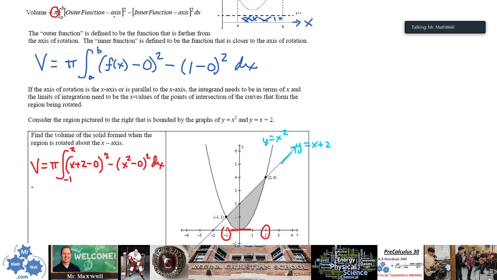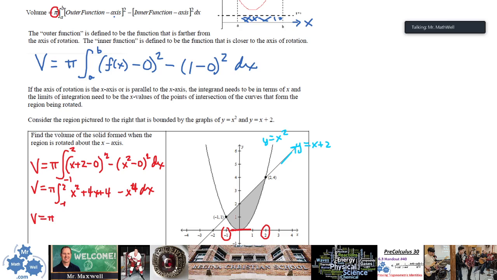All right, so let's simplify this. x plus 2 squared is going to be x squared plus 4x plus 4, minus x squared squared, sorry, x to the fourth, my bad, minus x to the fourth. And so we could find the integral of this now. This is easy.